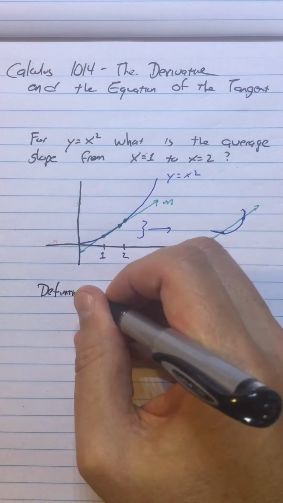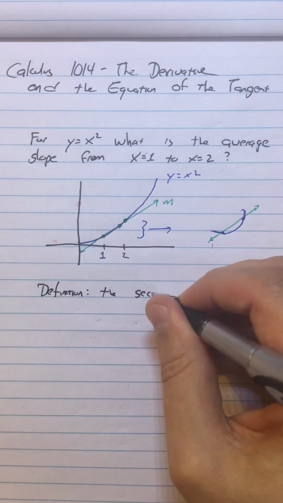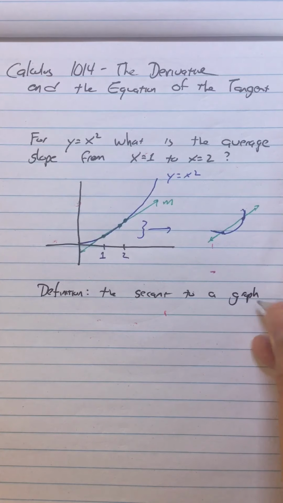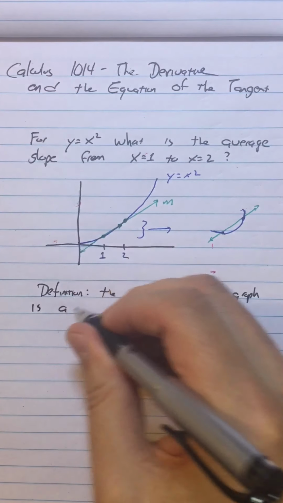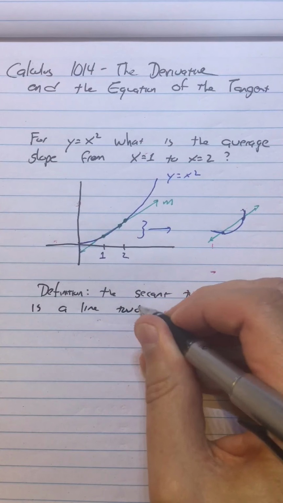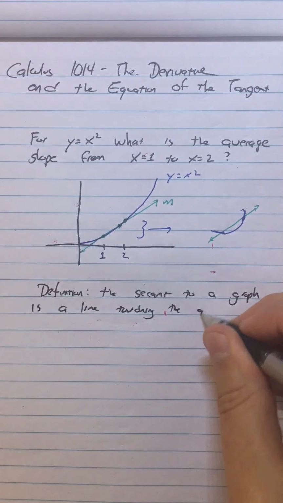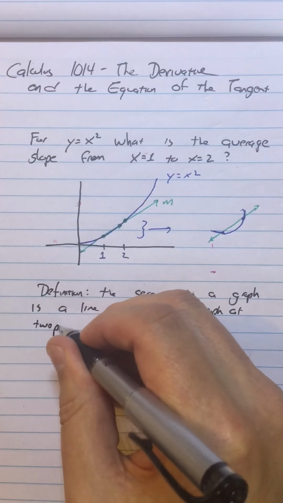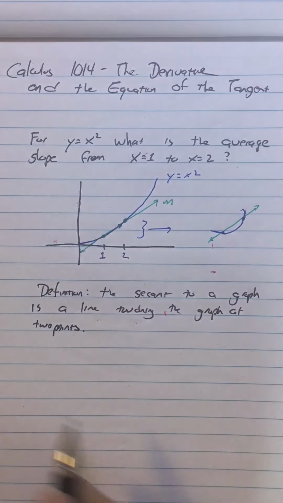Definition: the secant to a graph is a line touching the graph at 2 points. There's something a little bit naive about that.